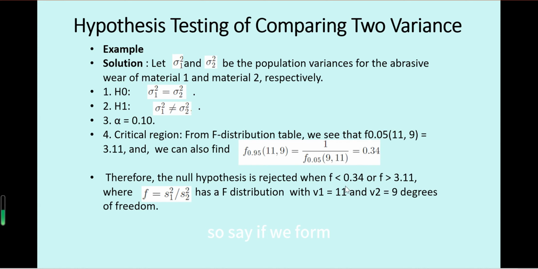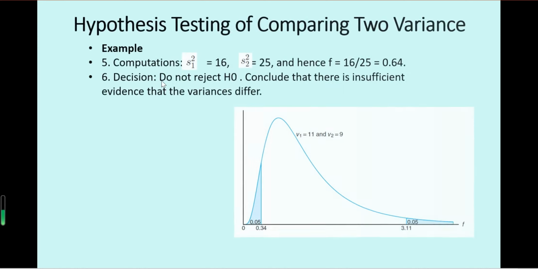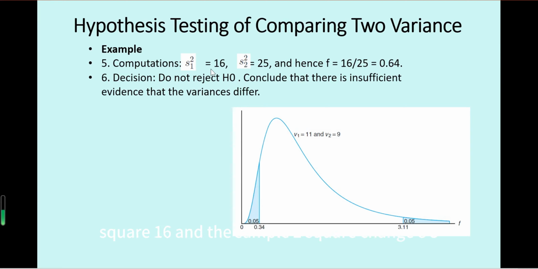So the sample F, which is the division of the sample variances of the two samples, if this is either less than this value or larger than this value, then we say the test is significant and we will reject this null hypothesis. And you can see here we get sample 1 variance 16 and sample 2 variance 25.